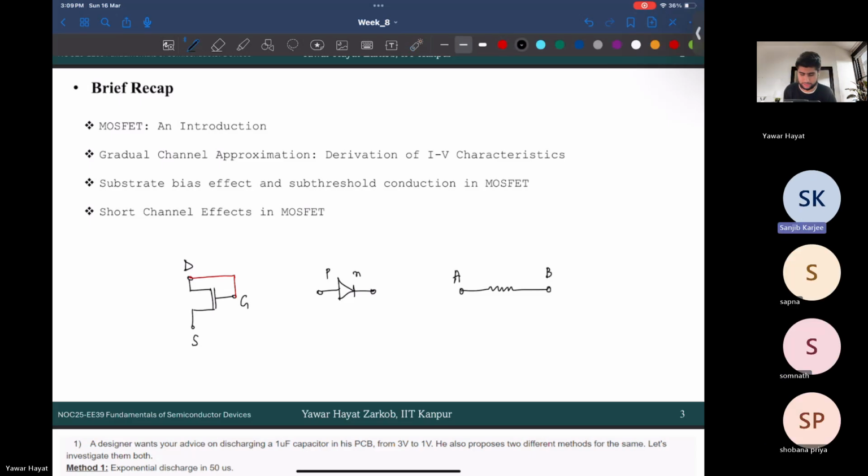Gate voltage, sir. No, see, what determines if your MOSFET is in saturation or not? Sir, it is in reverse bias, I think. No, it's not about reverse bias. I'm interested in knowing the region of operation, whether it lies in linear region, in saturation, in subthreshold, or what. That is the question precisely.